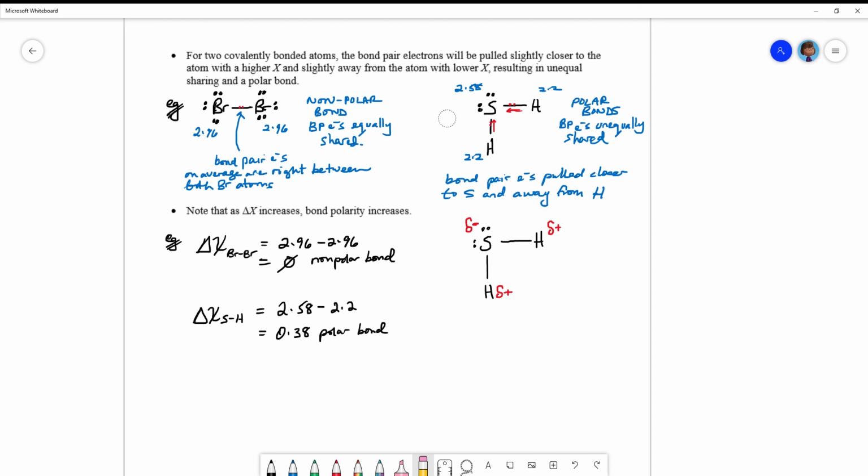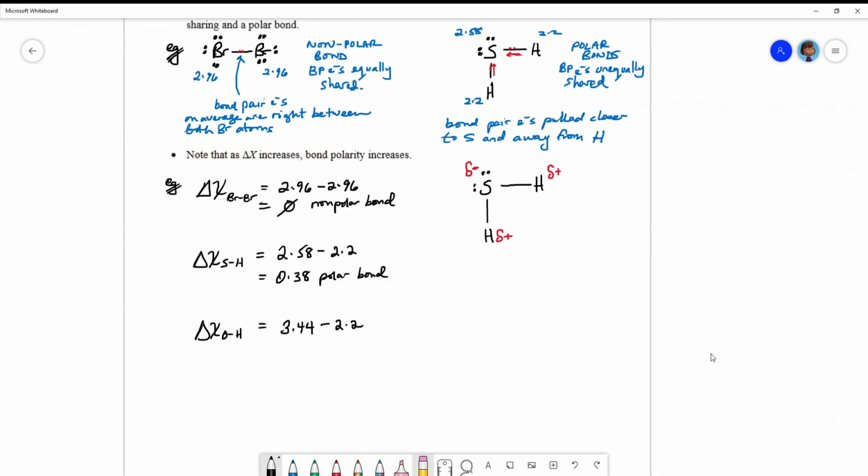So let's suppose in this molecule, instead of having sulfur here, we had an oxygen. What would delta chi be for an oxygen-hydrogen bond? If we look up our chart of electronegativity values, we would find that oxygen has an electronegativity of 3.44. And if we subtract the 2.2 from the 3.44, what do we get? For an oxygen-hydrogen bond, we get a value of 1.24, which is also a polar bond.